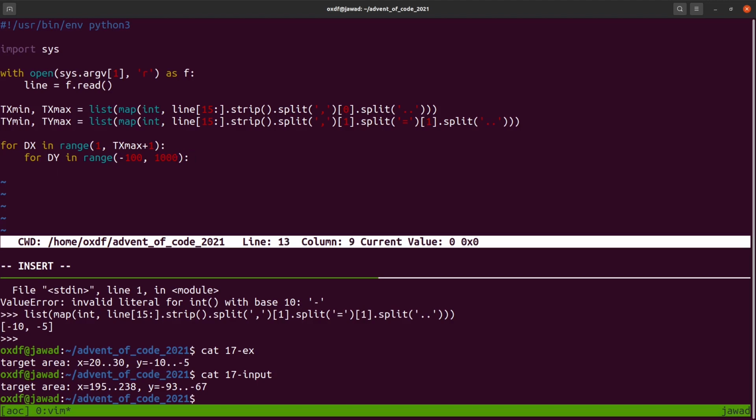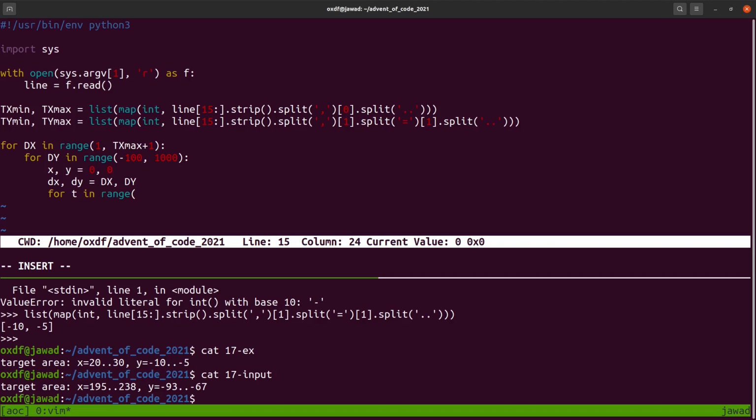So then for this, what we're going to do is we're going to say x equals 0, y equals 0, dx comma dy equals dx, dy. For t in range. Let's see.